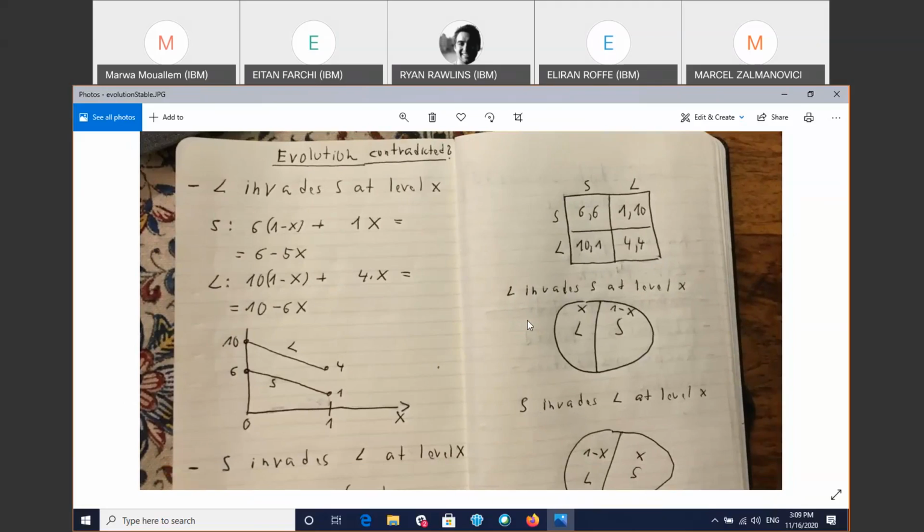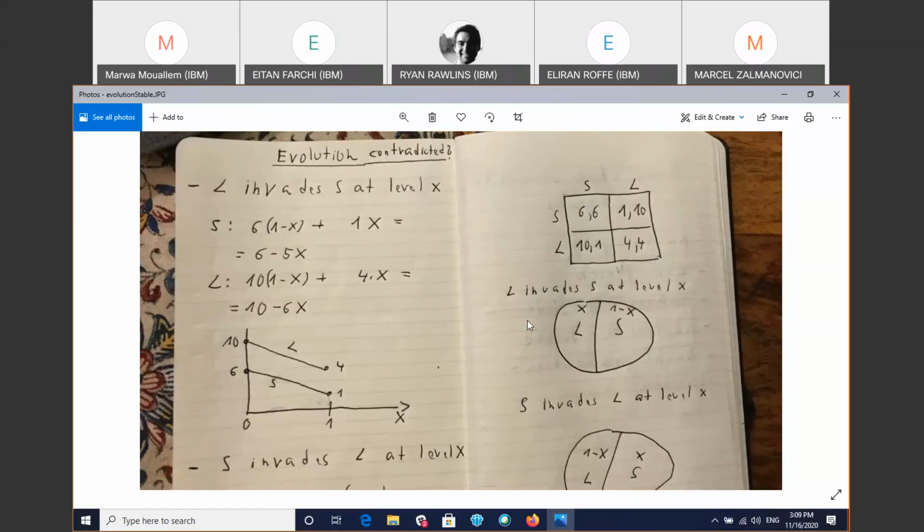Now the stability question we're going to ask ourselves is whether an invasion will cause the average gain, or from the theory of evolution point of view, we would refer to that as the fitness of the animal.